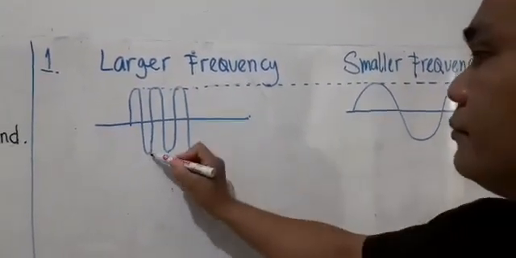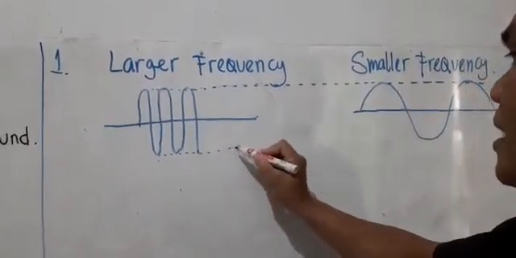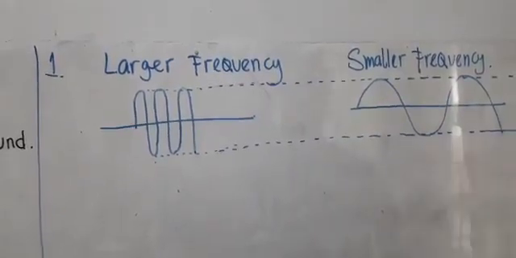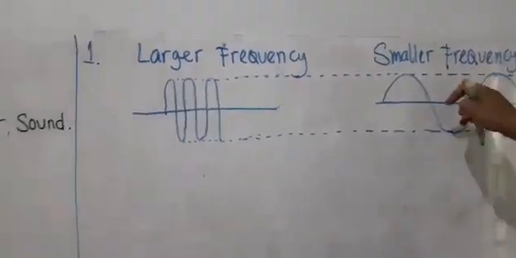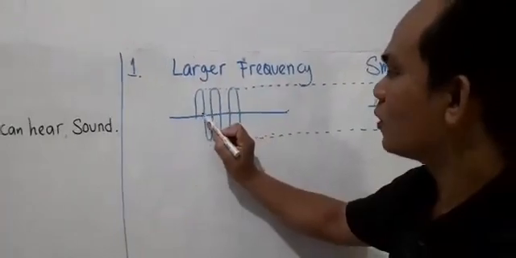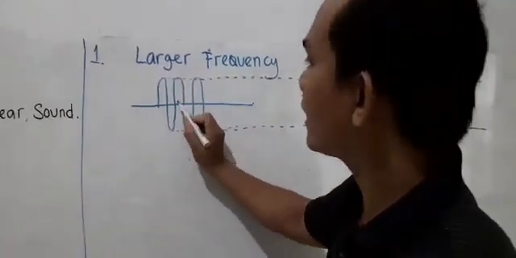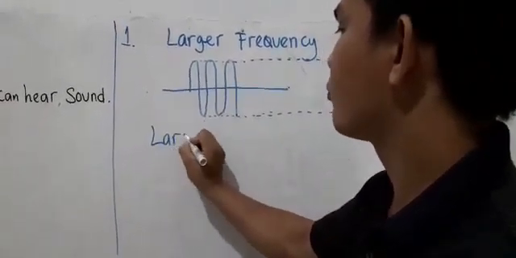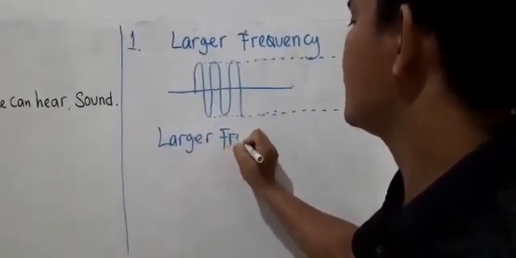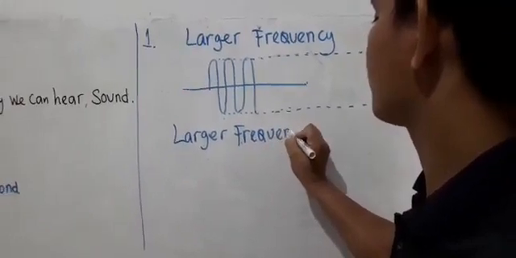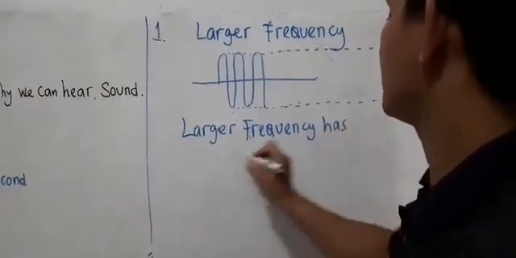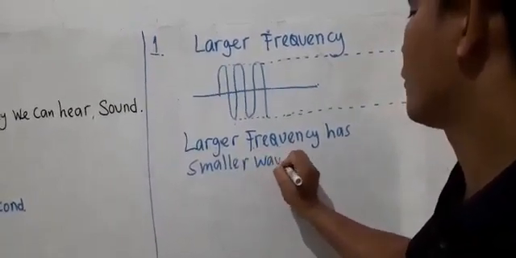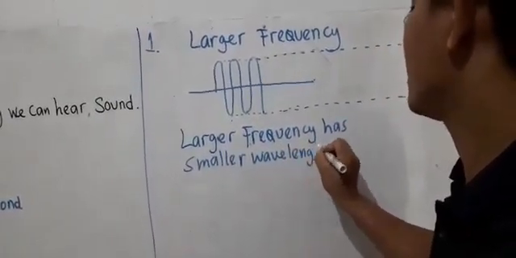Imagine that the amplitudes are the same. So this is smaller frequency, larger frequency. Larger frequency has smaller wavelength.